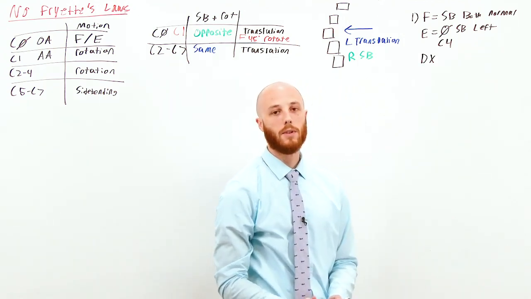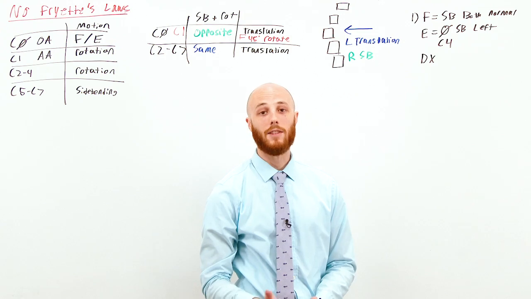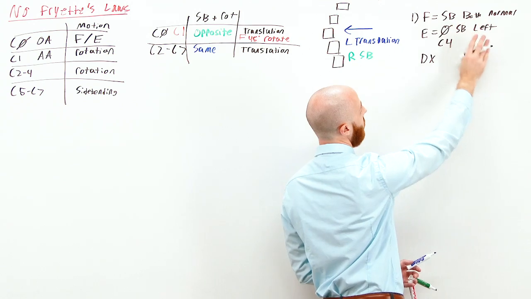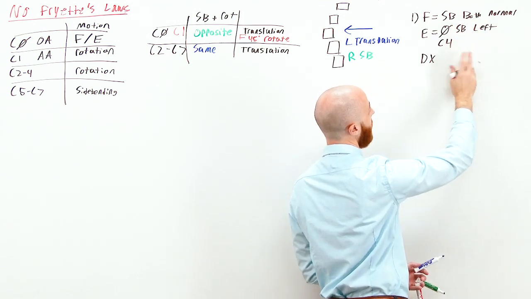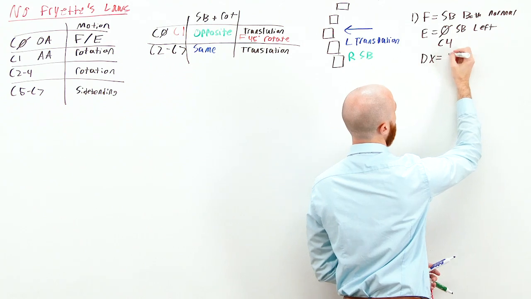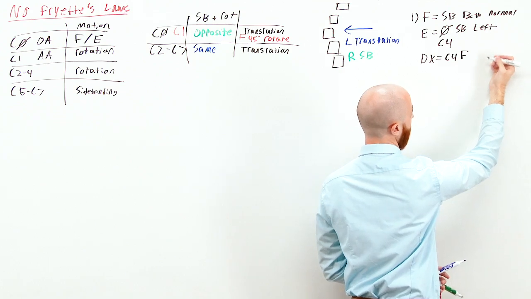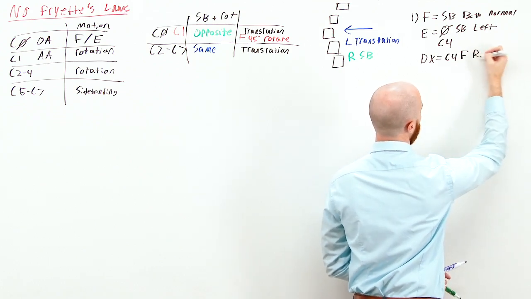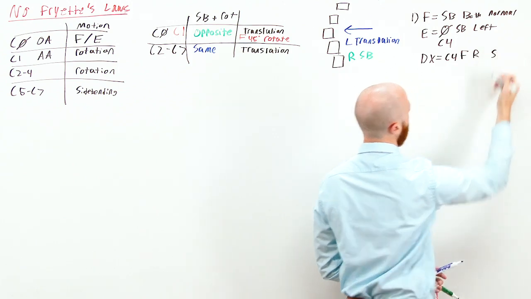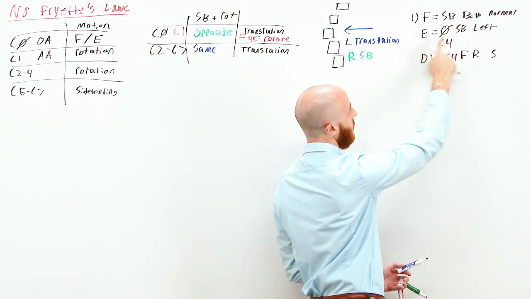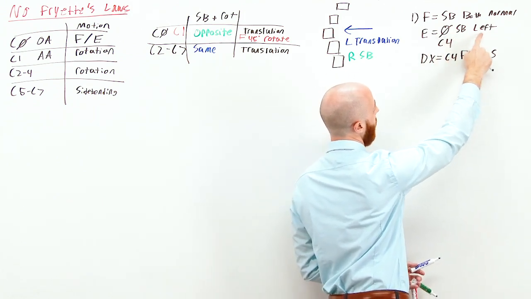So you follow the same rules. You always name it by what it can do. Looking back at the question, it can go into flexion normally, and it can side bend normally during flexion. So you can already say it's C4 flexed something. You know it's going to be rotated and side bent to some direction. They tell you that during extension, you cannot side bend to the left.